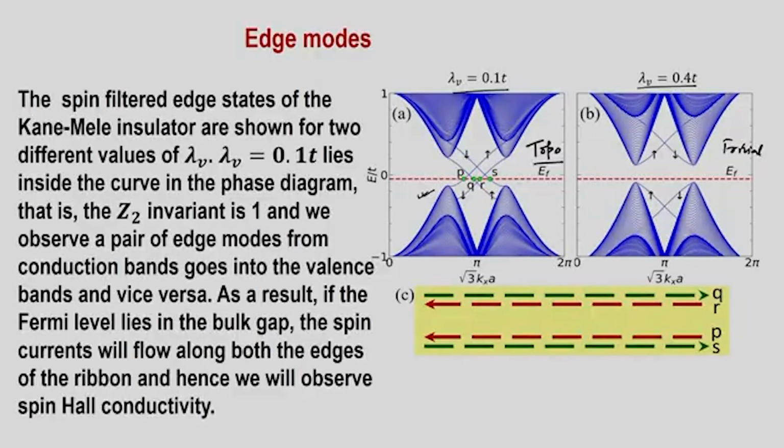So P corresponds to up, S corresponds to down, Q corresponds to down, and R corresponds to up. Okay. So this is exactly the picture that we have shown. It's been reproduced using numerical simulations by us.